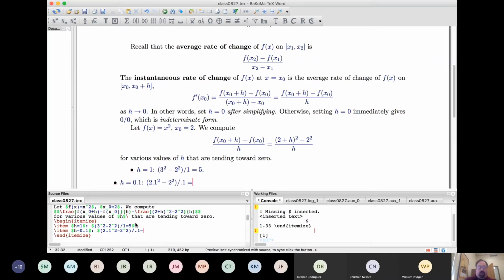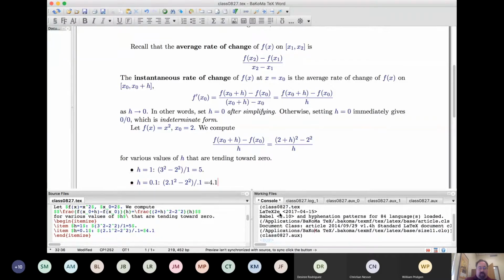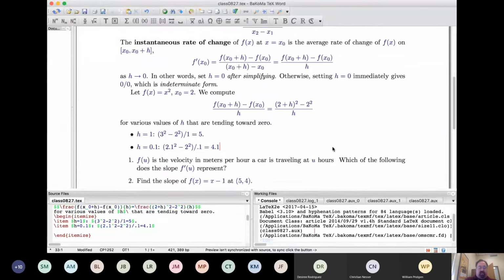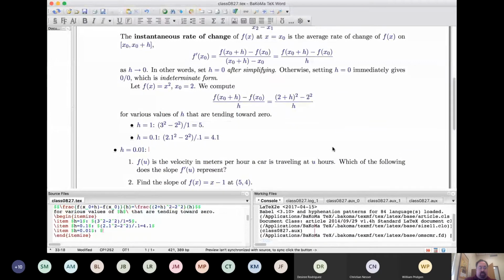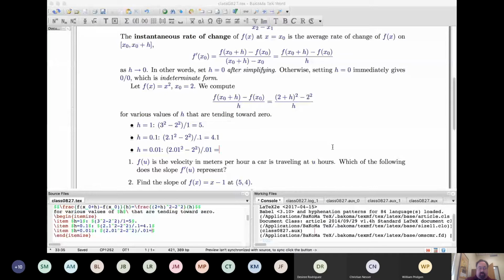That's something that one would grind out in their calculator, which I'm doing off screen right now. And that would be 4.1. Let's let h get smaller still. 0.01, so I get 2.01 squared minus 2 squared over 0.01. All right, so that's 4.01.